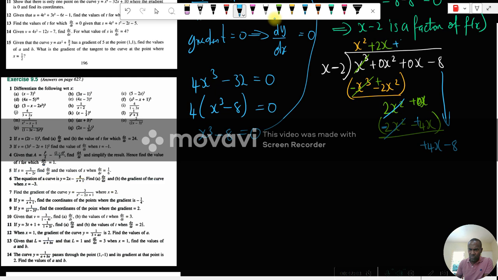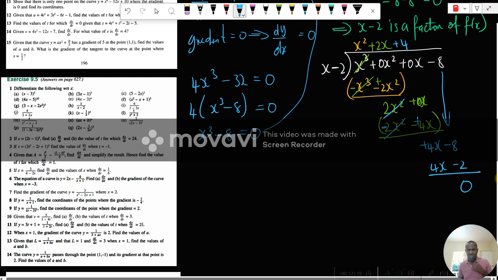Then 4 times x is 4x, and 4 times minus 2 is minus 8. Those two subtract to leave a remainder of 0, which tells us that x minus 2 goes into the cubic polynomial exactly, leaving 0 remainder.